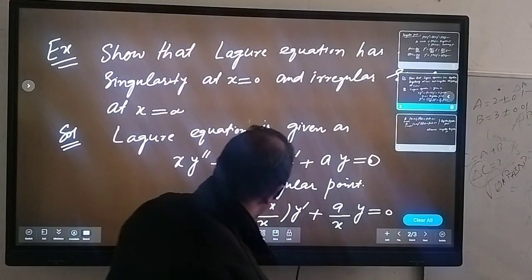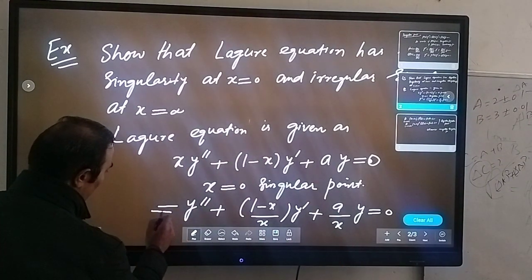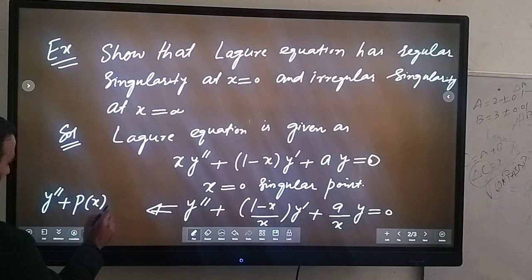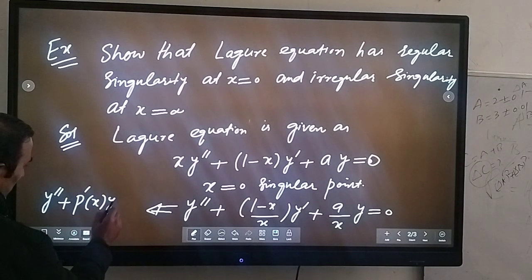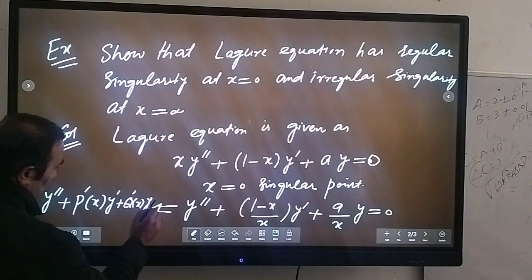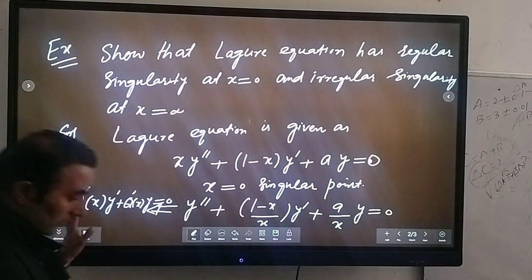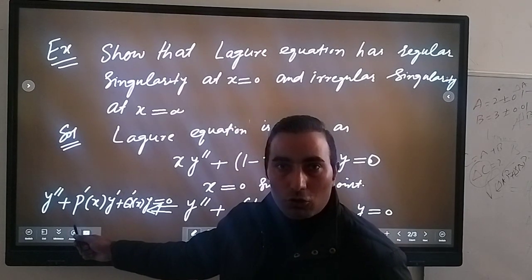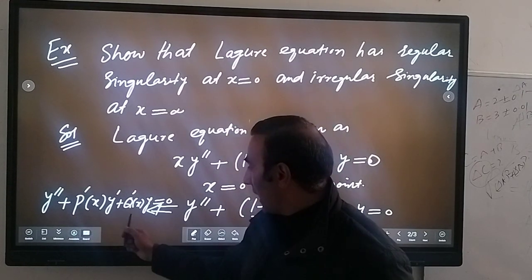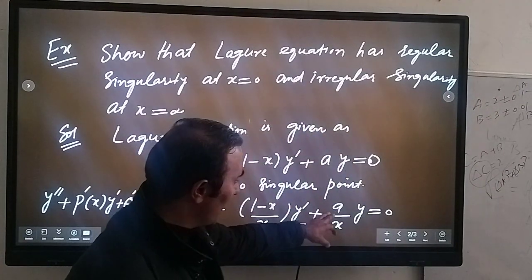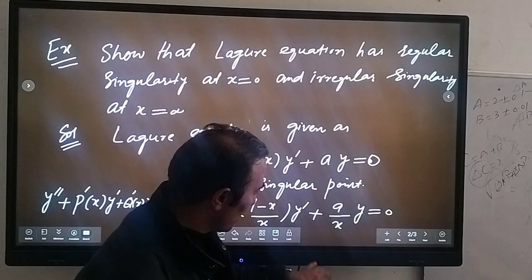So if I compare this equation with y double dash plus p of x y dash plus q of x y, we need to check what p dash of x and q dash of x are. So our p dash of x is (1 minus x) by x and our q dash of x is a by x.